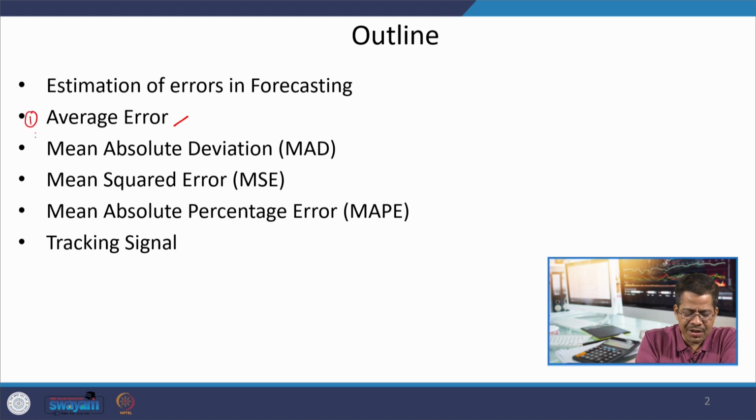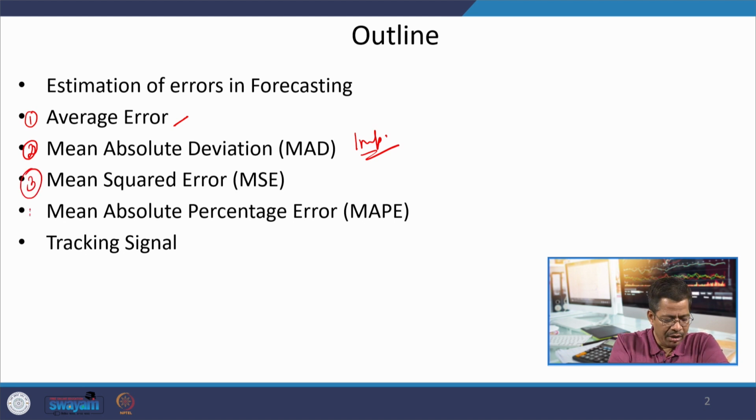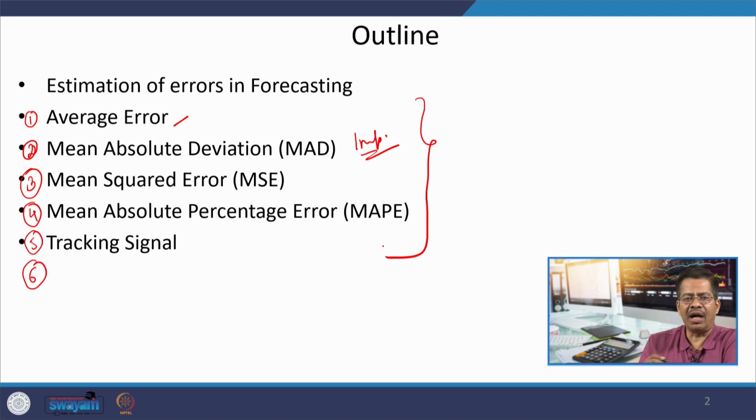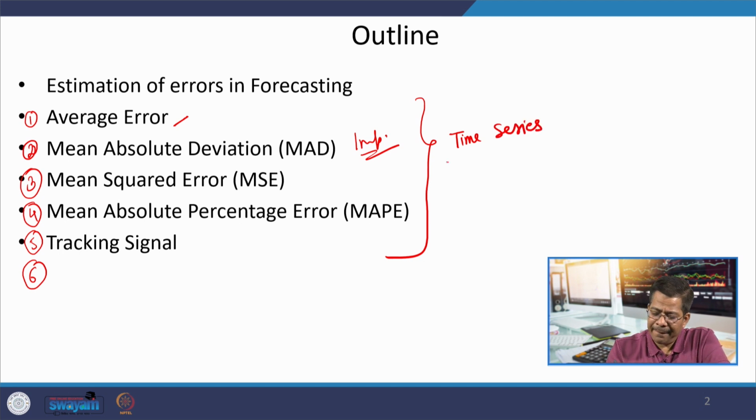Another very popular and very important one, mean absolute deviation, mean squared error, mean absolute percentage error, and then we will be talking about the tracking signal, and we will also cover that these are all errors coming from our time series analysis, maybe moving average or exponential smoothing.